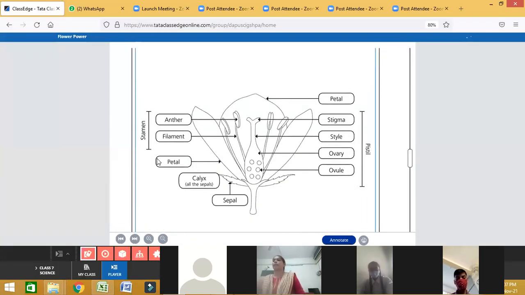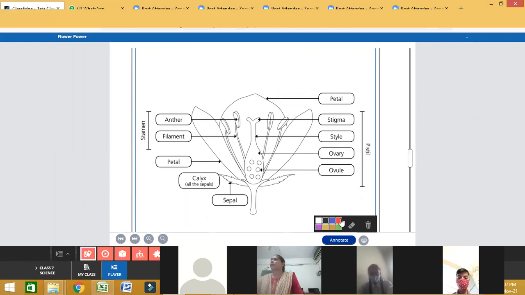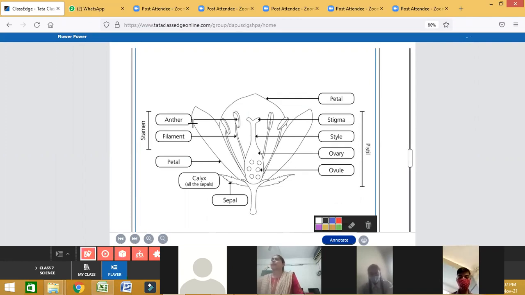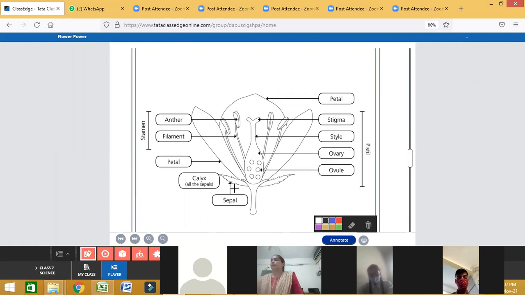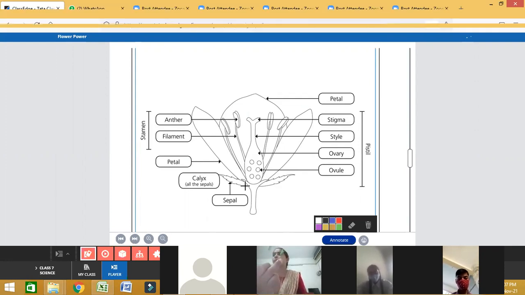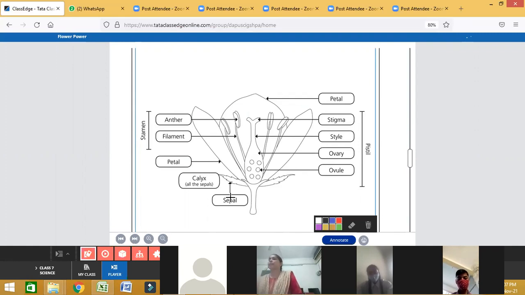This is the diagram of the flower. See this? Here, different parts are there. This green part is the sepal. See, the sepal is here.